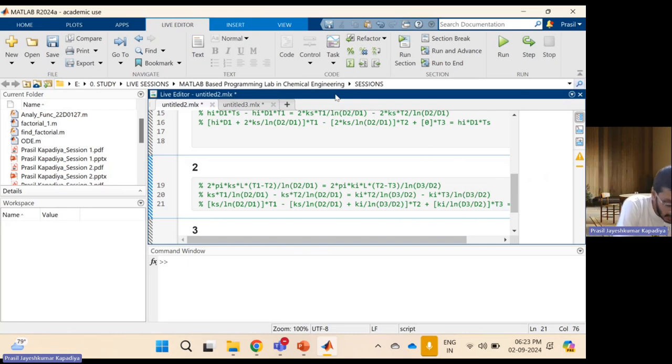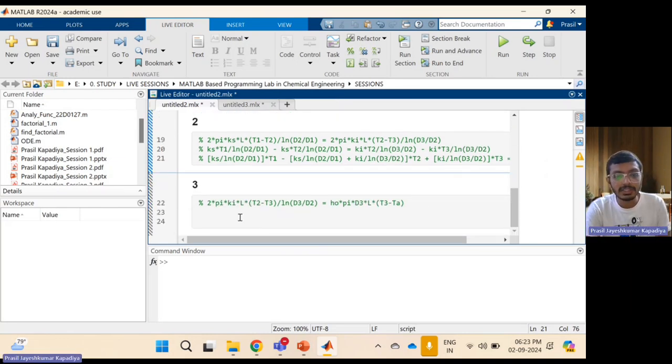Now let's write down the third equation. Okay, I'm sorry. Let's write down the third equation. My third equation is this one. So let's break down this equation. Pi and L will be cancelled out. So 2 into AI into T2 divided by this term. So it is the coefficient.